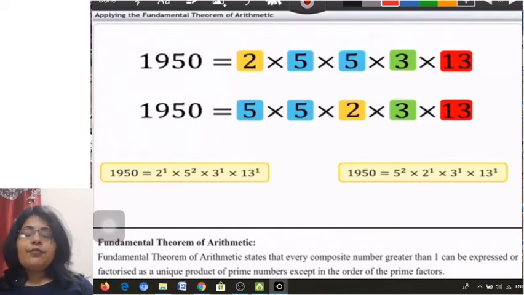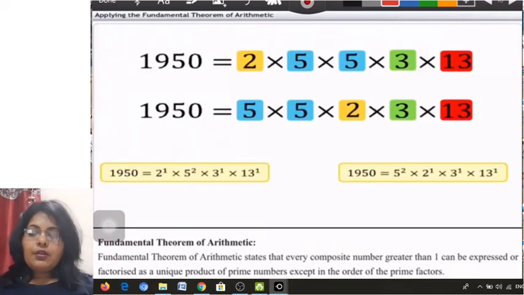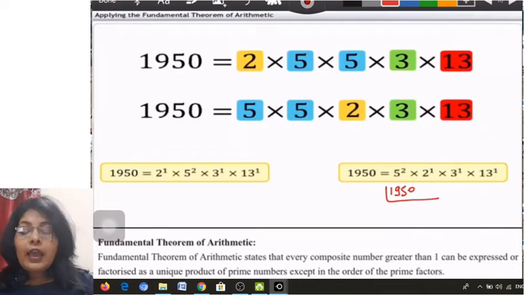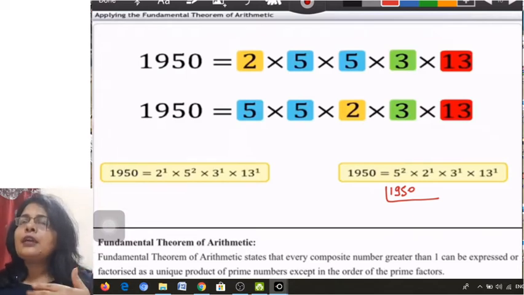Suppose I am taking one example over here. Let us take 1950. We'll simply solve this 1950. First we will decide whether it is divisible by 2, then we will just divide by 2. Then we will take 3, and then in a similar manner 5, 7, 11.